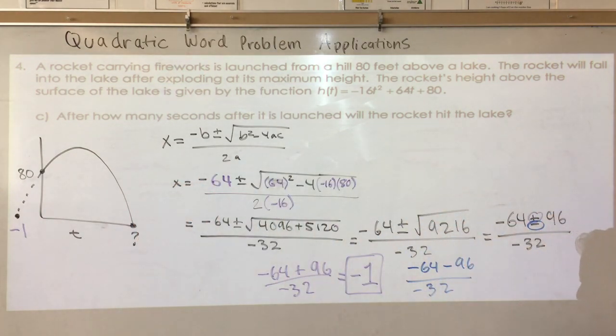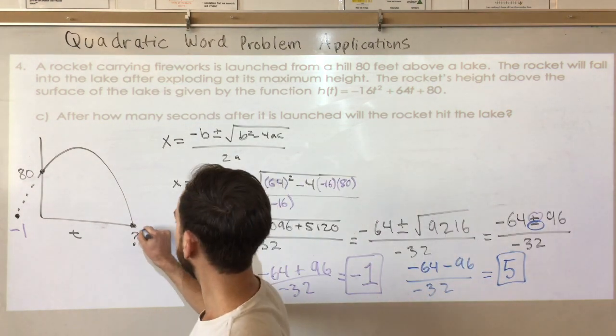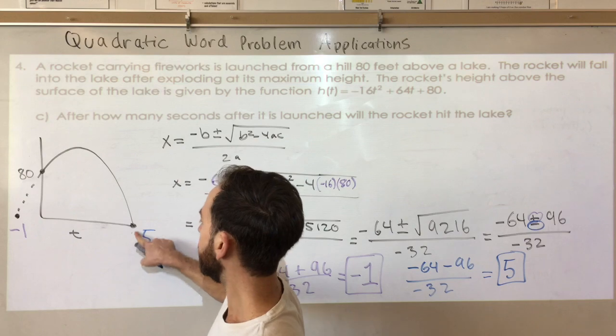So if we do negative 64 minus 96 divided by negative 32, we'll get positive 5. That's the value that we care about because that's our positive value.